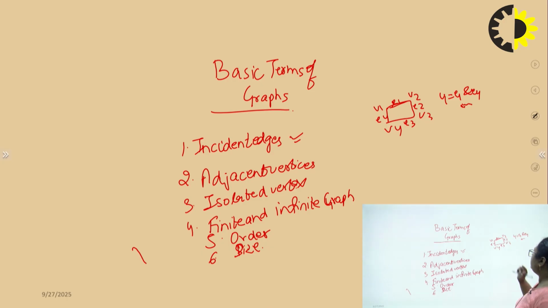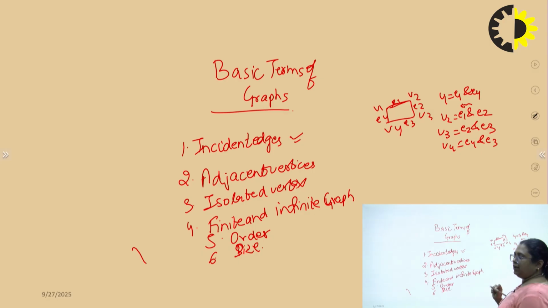The edges incident on V2 are E1 and E2. The edges incident on V3 are E2 and E3. And the edges incident on V4 are E4 and E3. So the edges incident on a vertex are said to be incident edges.